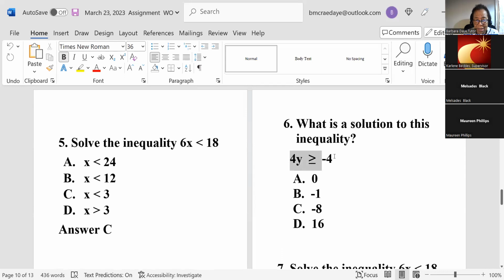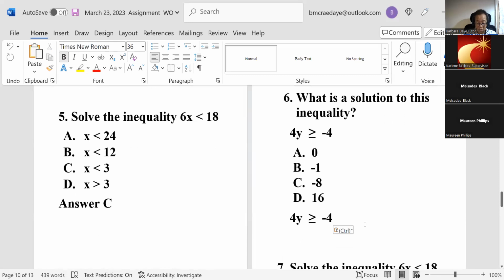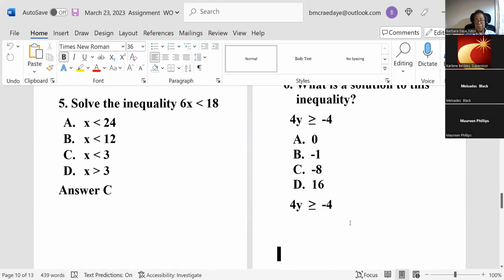So what do you do, Mercedes? I'm going to divide both sides by 4.